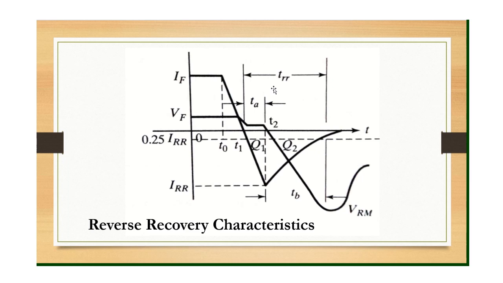So TRR is from the moment current crosses 0 to the peak reverse current, till it reaches 25% of its peak value. This total duration, taken from here to here, we call the reverse recovery time.